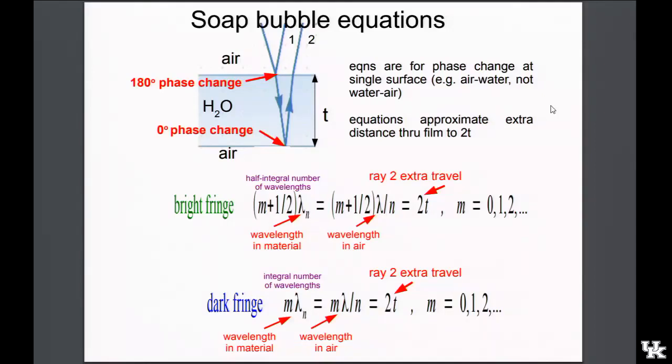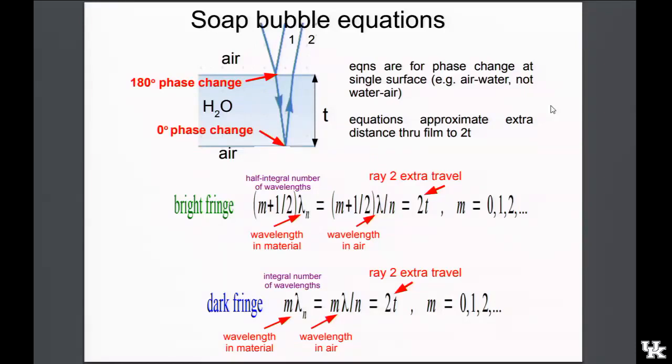So these are the formulas. 2t is the extra distance that is traveled by the wave that comes off the bottom surface compared to the top surface. Now we imagine the wave is going straight, 90 degrees to the surfaces.